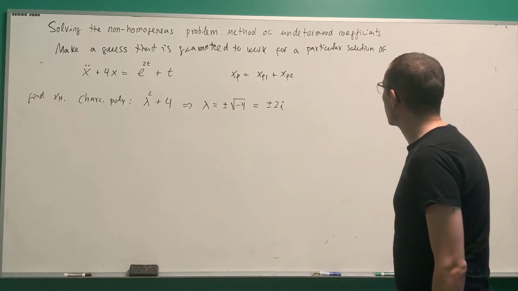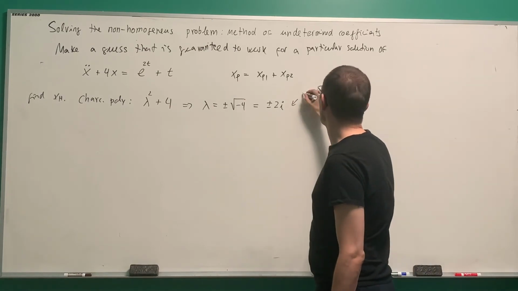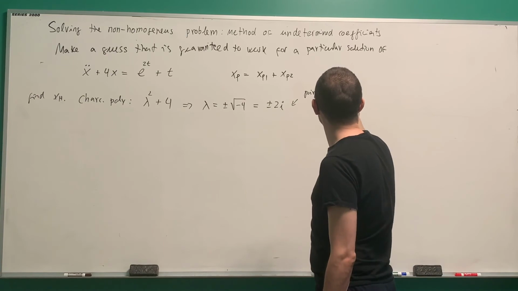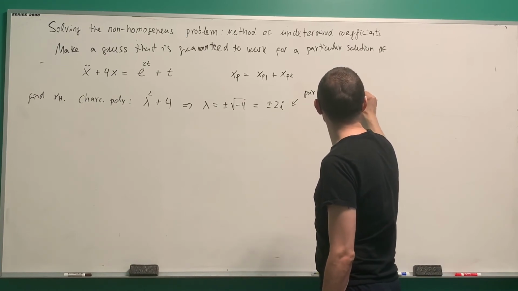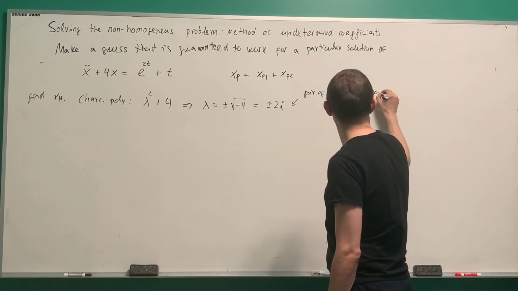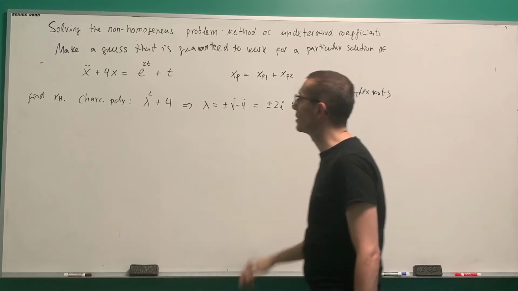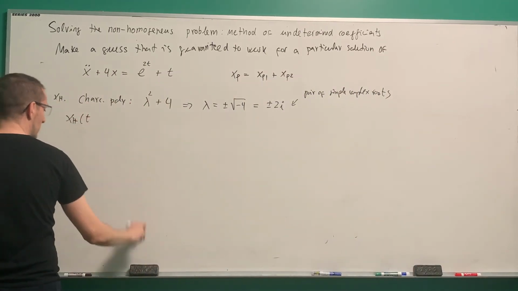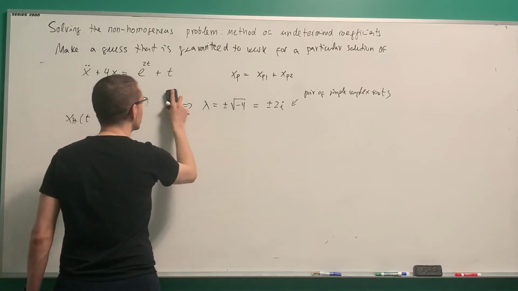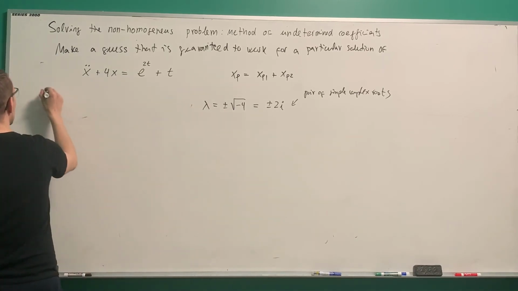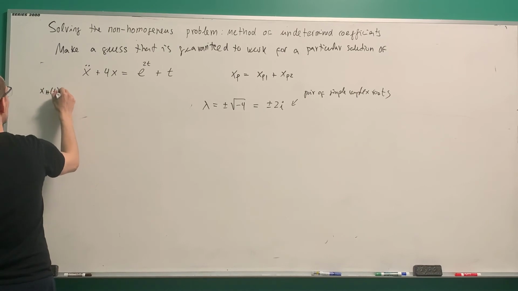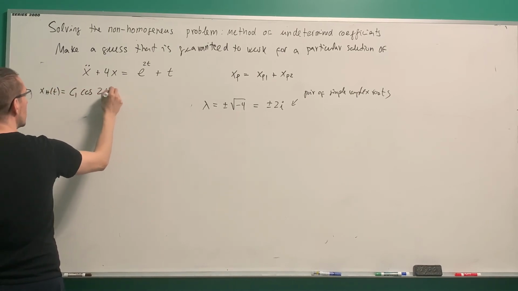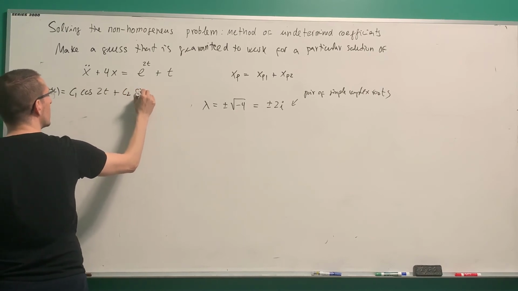So in that case, we know that this is a pair of simple complex conjugate roots, and we know that the solution would be, in fact, I'm going to write it here. The solution to the homogeneous problem is C1 cosine of 2t plus C2 sine of 2t.